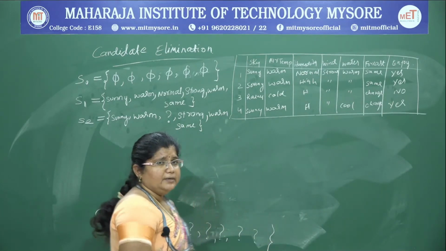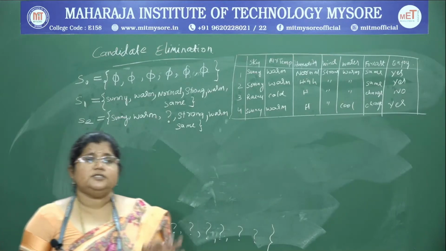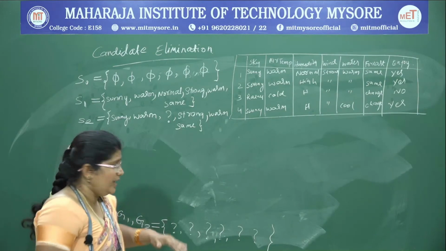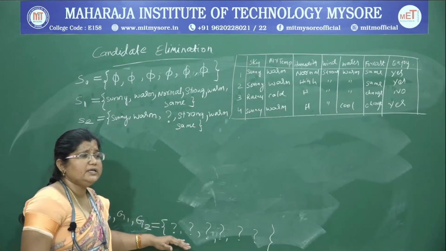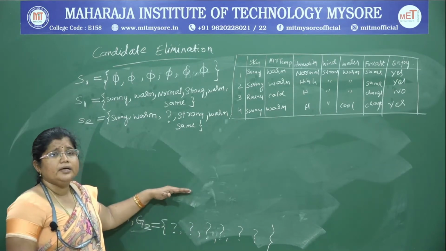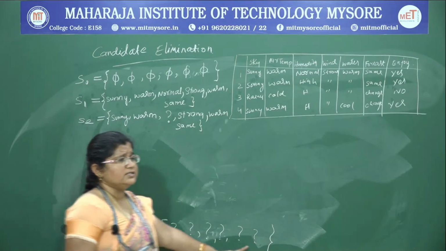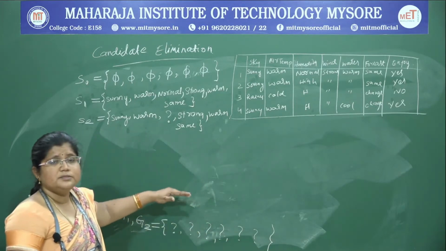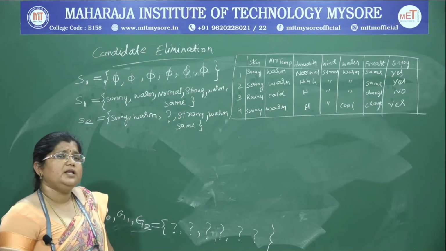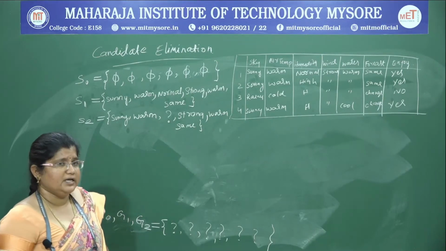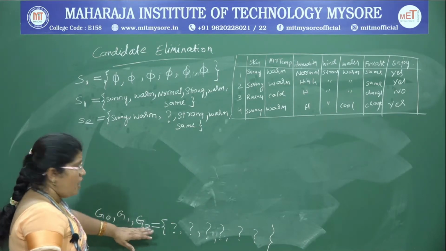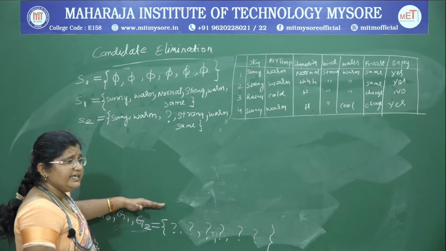So according to the candidate elimination algorithm, if it is no, what we are going to do is make the general form specific. It is compared with the general hypothesis and made specific. This general concept must be made specific so that it can address the positive training example as well as the negative training example. So the next step is how G2 will change to G3.